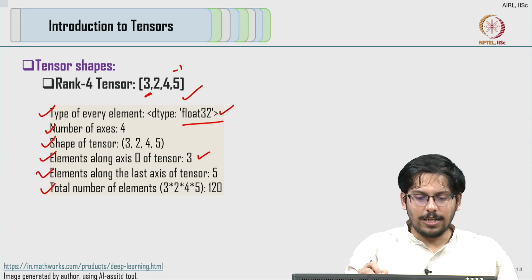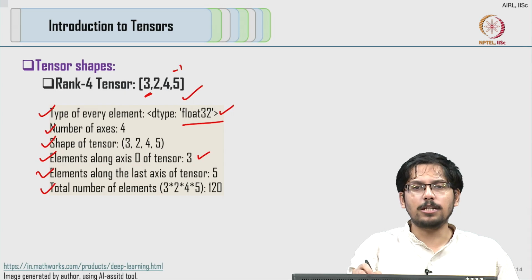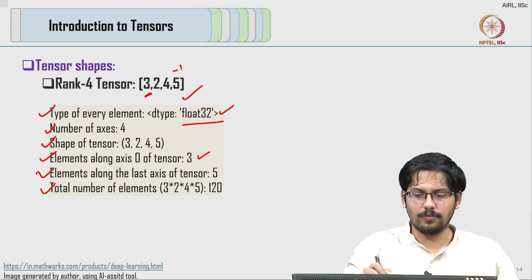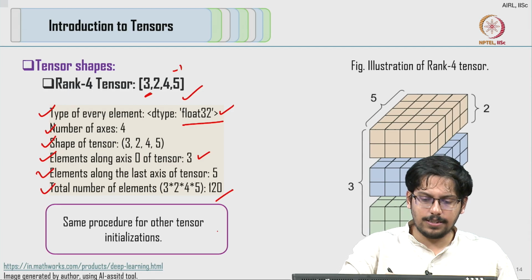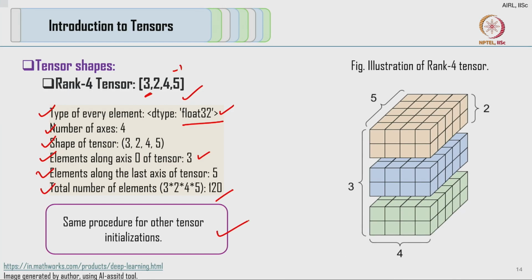The total number of elements in the rank 4 tensor is 3 into 2 into 4 into 5, which is essentially 120, right. Now this is something that we have done for a rank 4 tensor.